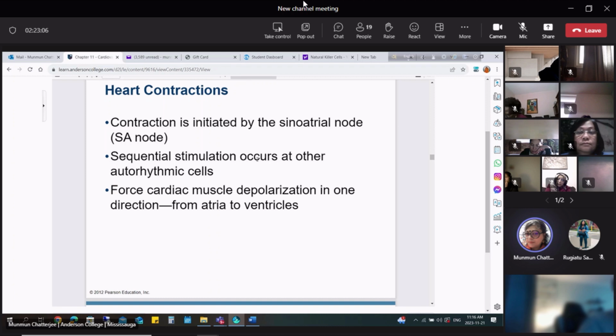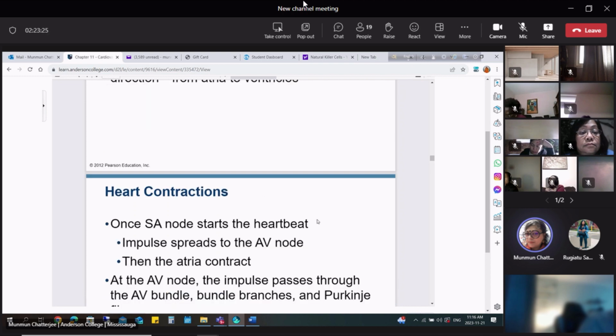Sequential stimulation occurs in other autorhythmic cells, which control cardiac muscle depolarization in one direction, from the atria to the ventricles. Depolarization means the signal goes in one direction from the atria to the ventricles.